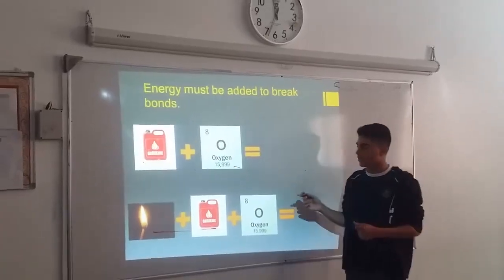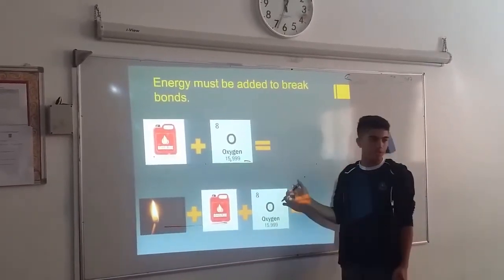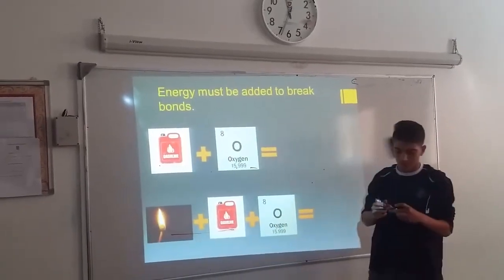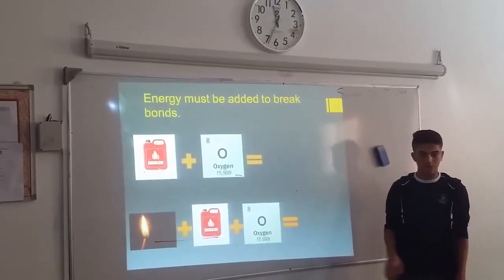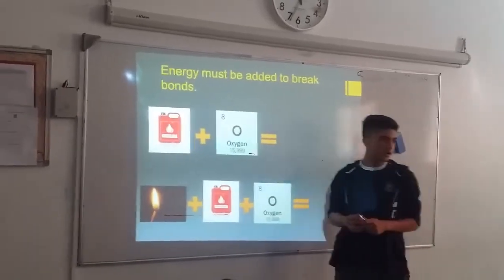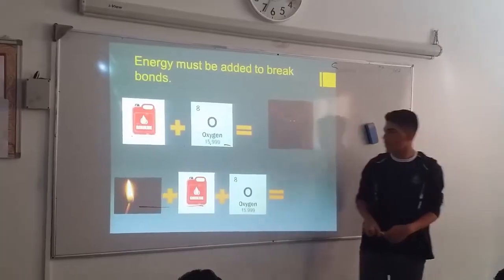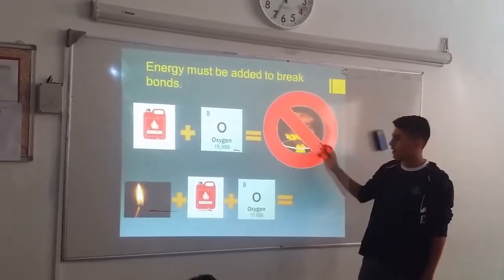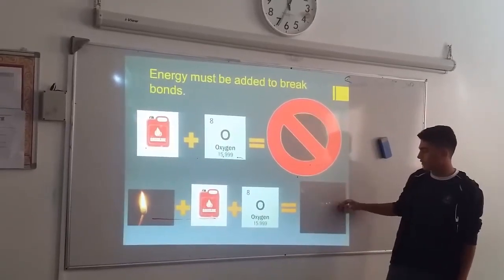But energy must be added, like lighting a match to gasoline and oxygen so they react together. So many times when gasoline is poured on the ground with oxygen, and you light a match on it, it will start to burn. So here you don't have energy, and they don't react, while the other one reacts and causes fire and explosions.